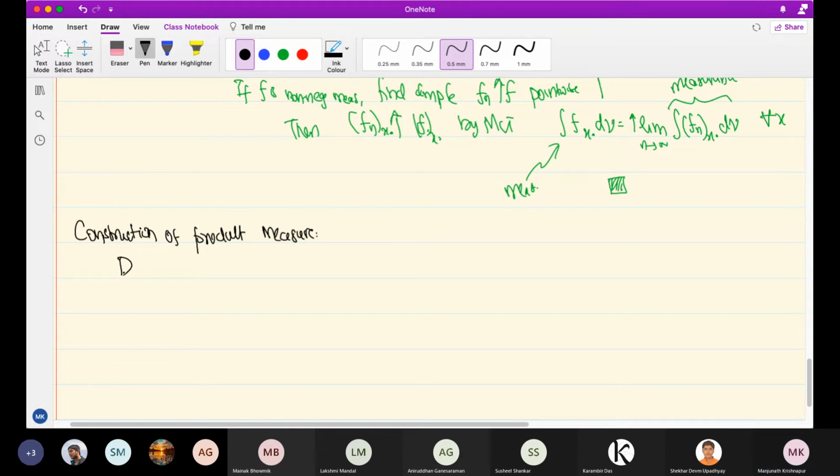First, define theta on H, from H to R plus. How do I define theta of E? E is some set. I want to define the product measure.